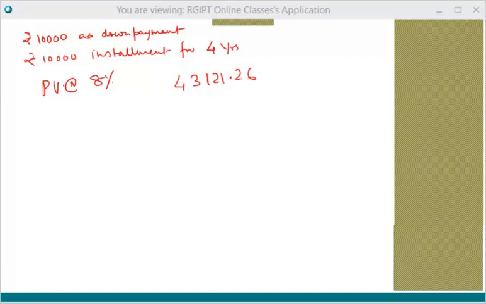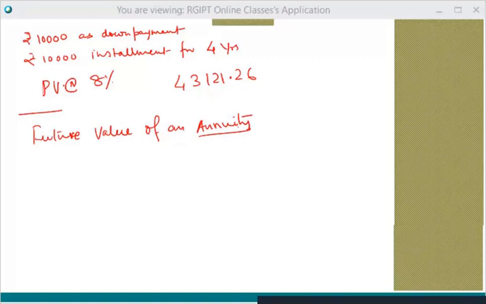सबको समझ में आ रहा है ये? Now similarly you can do this computation. Another thing is what is called future value. Future value of annuity. तो फ्यूचर वैल्यू उसका कैसे निकालना, ठीक है?